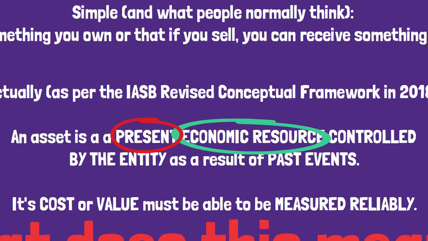But essentially, we cannot recognize something that we're going to get in the future as an item unless we have an obligation for its liability that exists currently. We must be able to get something for it now.